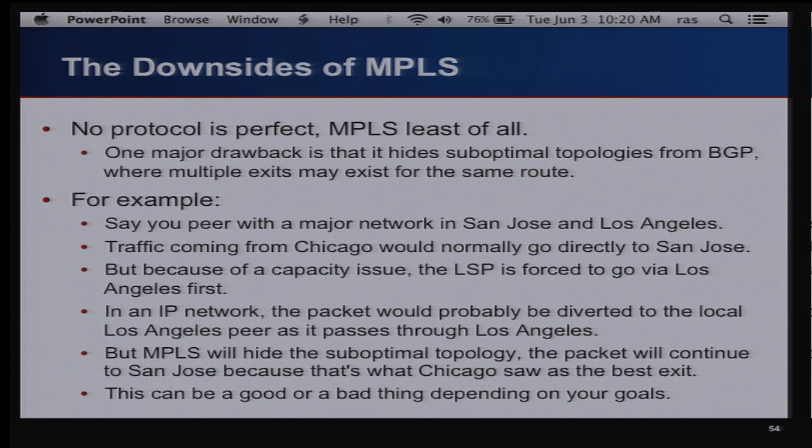It's making that determination based on the IGP cost that occurred in Chicago. So Chicago thought San Jose was the best exit, and it used it. Even though you went through a router that could have been used as an exit, you didn't have that choice. And sometimes that's a good thing. That might prevent traffic changes, or that might prevent that external peer from filling up. And sometimes it's a bad thing. So it's something to be aware of.